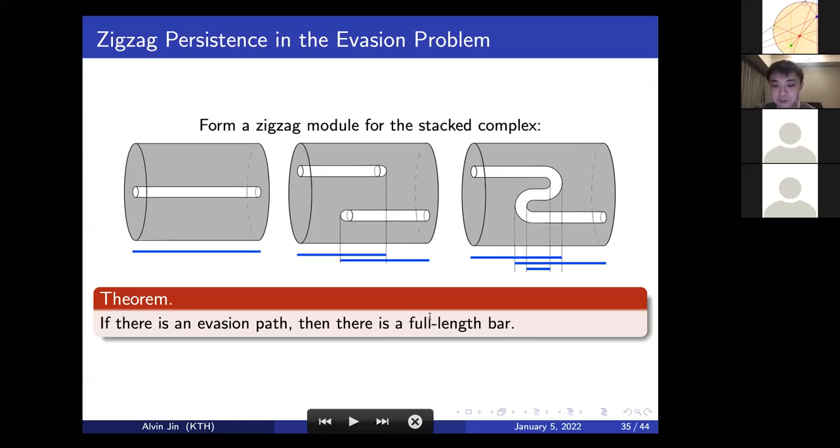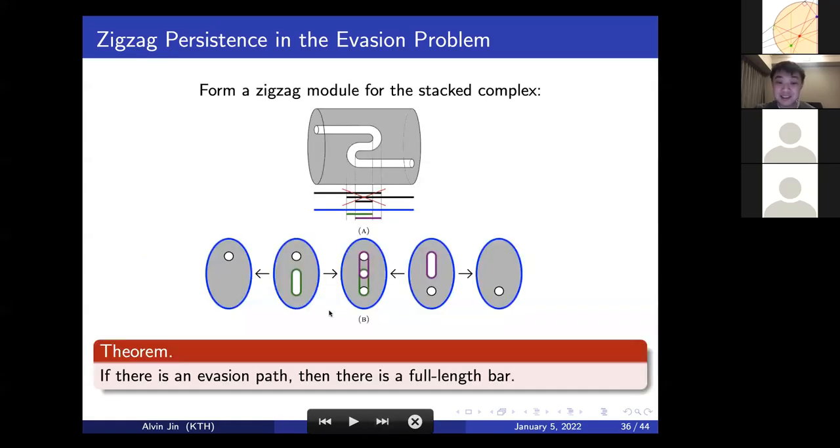If there's a full-length bar, does that mean there's an evasion path? And the answer is no. This is why this problem is interesting: this thing here has a full-length bar represented by this blue circle, but there's no evasion path because you can't go back in time.